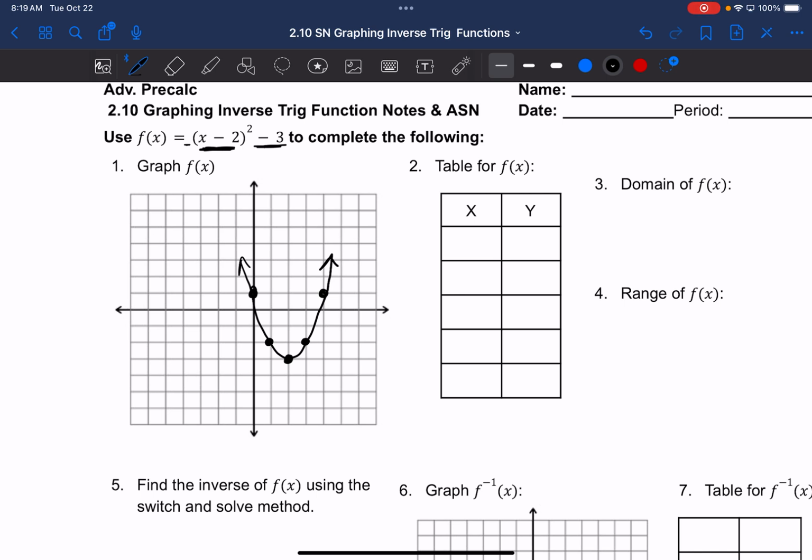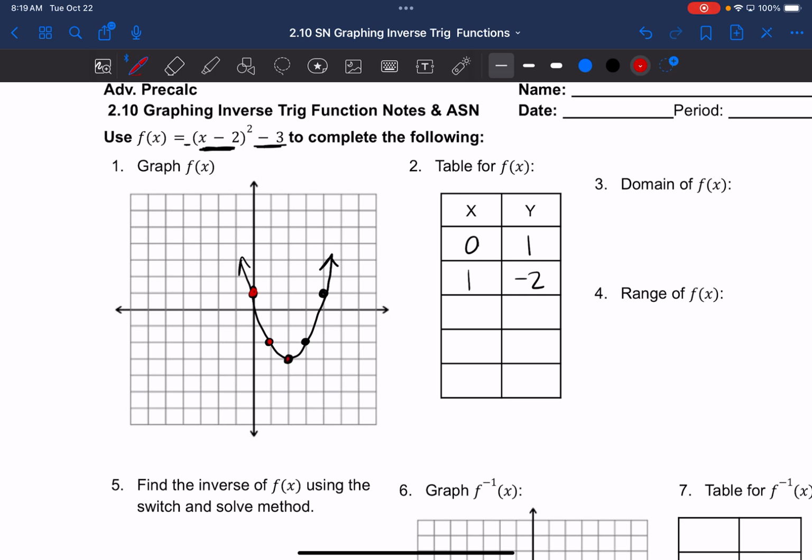Okay, so let's see. The first point, if we're reading from left to right, would be this one here. And where is that coordinate point at? 0, 1. 0, 1. Okay, so I'm going to put that point in my table. Okay. Next point, as we're reading left to right, we come across will be this one down here, which is at 1, -2.